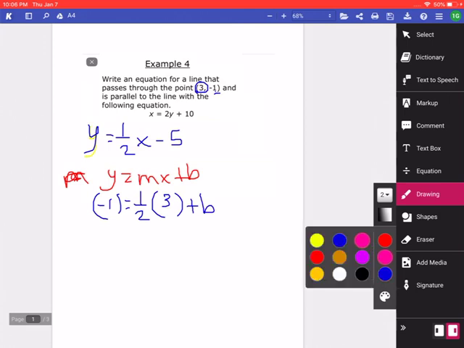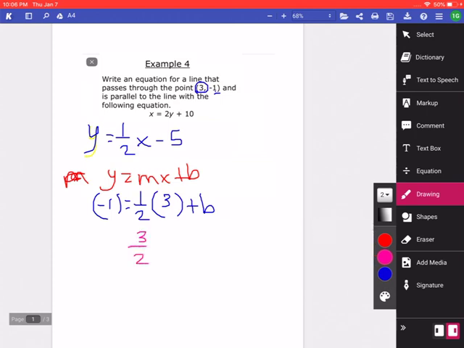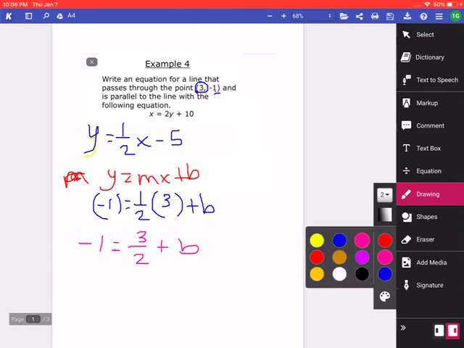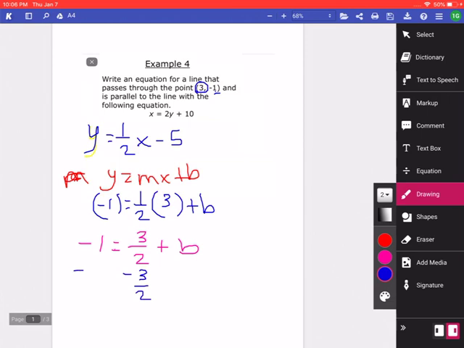Okay, now we're going to solve this fraction part. So 1/2 times 3 would be 3/2. Let's write everything else down: -1 and our plus b. Our next step will be to get rid of this 3/2 over here, so we're going to take it away from both sides.